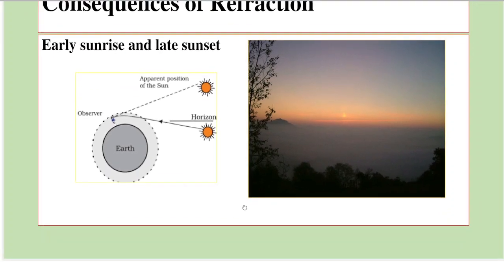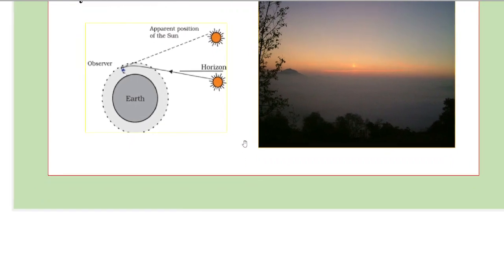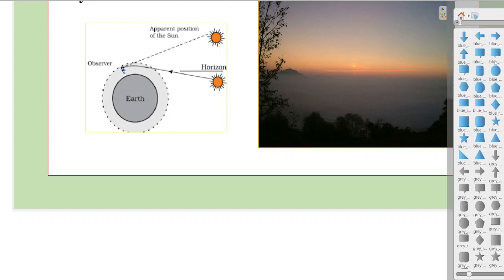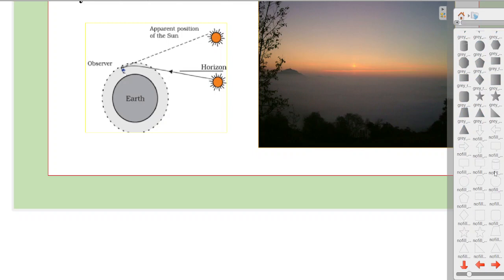To understand this, think of the sun as seen here. We'll think of the horizon. Horizon basically means the line of sight, which is the point where the sky and earth appear to meet.